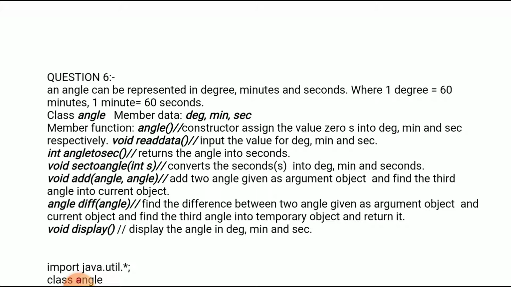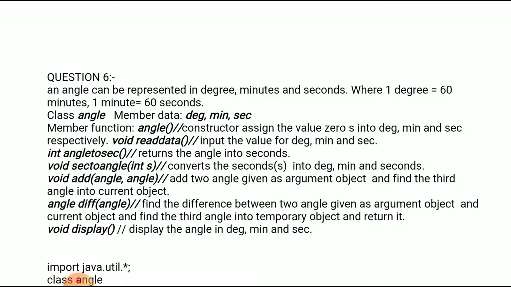There are two functions, one is angle to second which converts the given angle to seconds, and another function is void second which takes the seconds as an input and converts them into degree, minutes and second. Then the function to add two angles receives two objects and finds the sum of the argument objects into the current object.